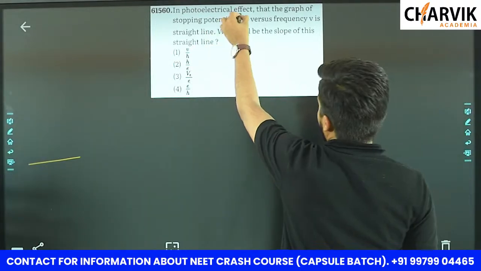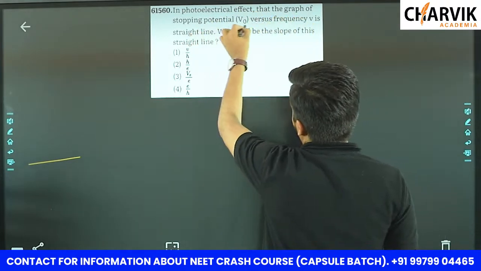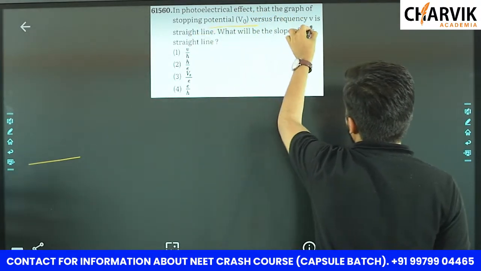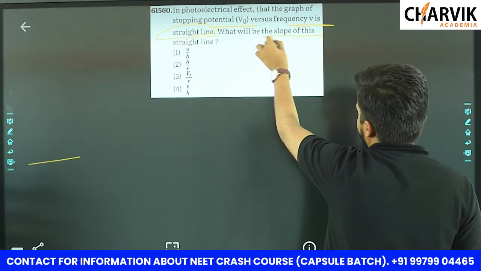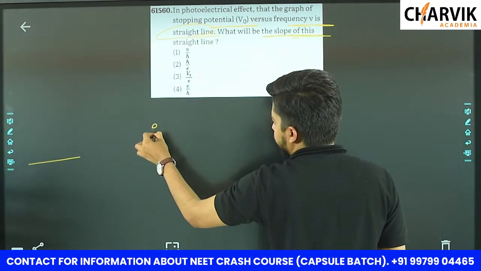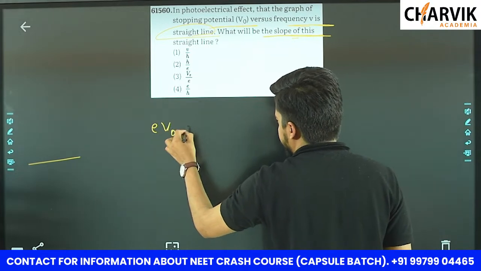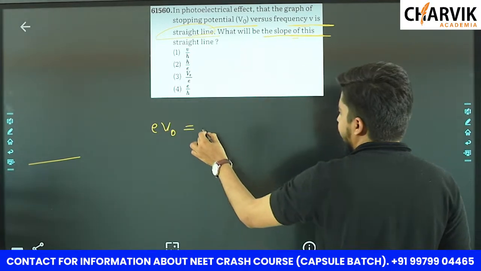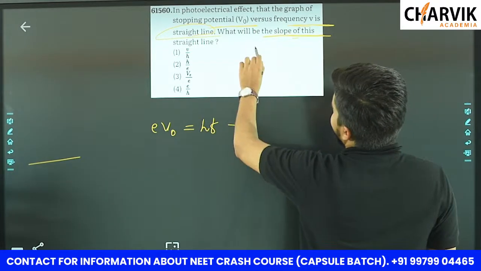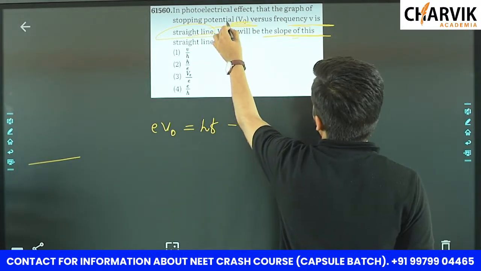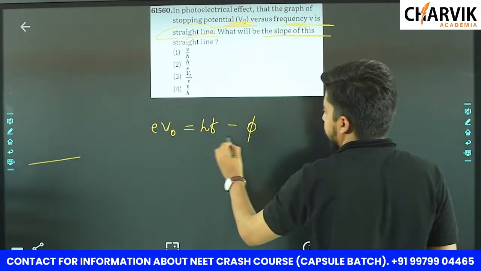In the photoelectric effect, the graph of the stopping potential V naught versus the frequency f is a straight line. What will be the slope of this straight line? You all know the equation for this, which is eV naught equals hf minus phi. Now the graph is of the potential V naught versus the frequency.